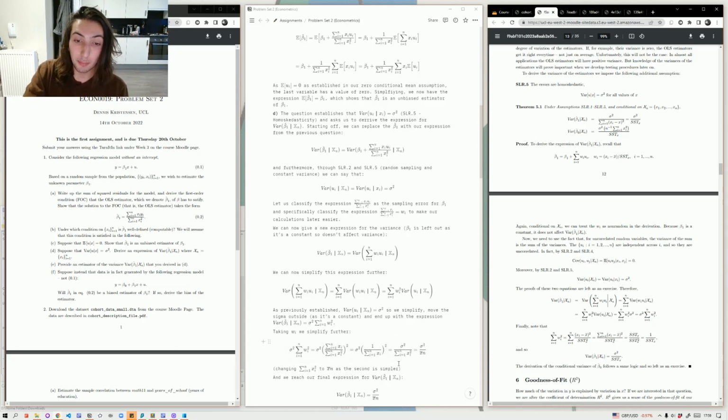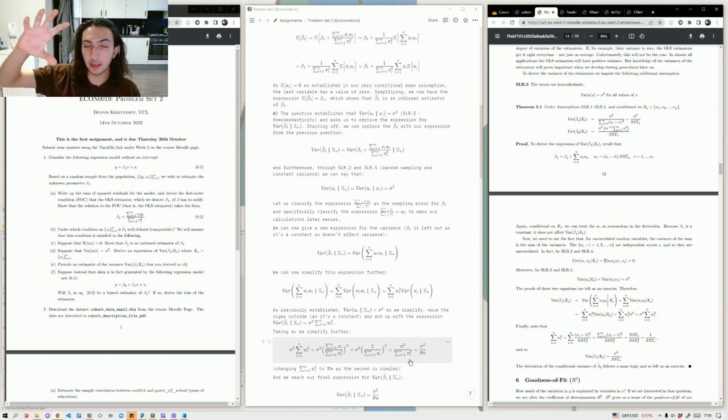But if you think about it, this is the summation of all x variables squared, essentially. Taking every variable, squaring it, that's the summation of it. That would be the equivalent of taking the average and multiplying it by the number of observations.